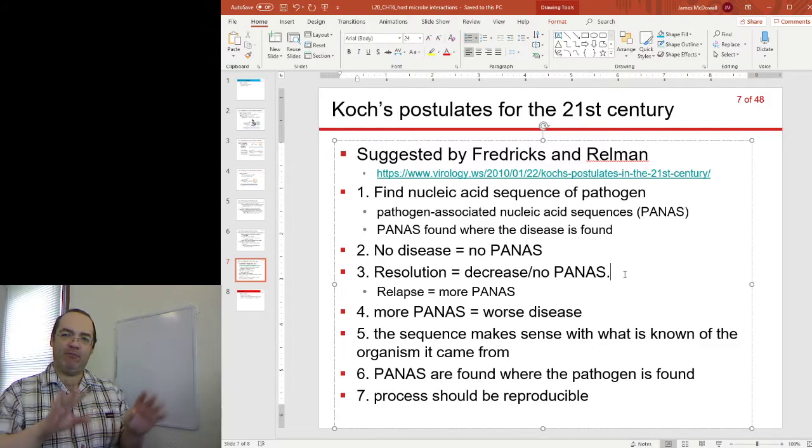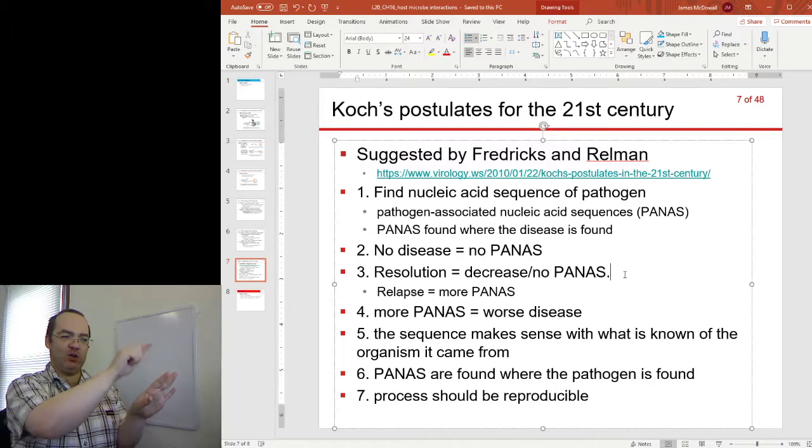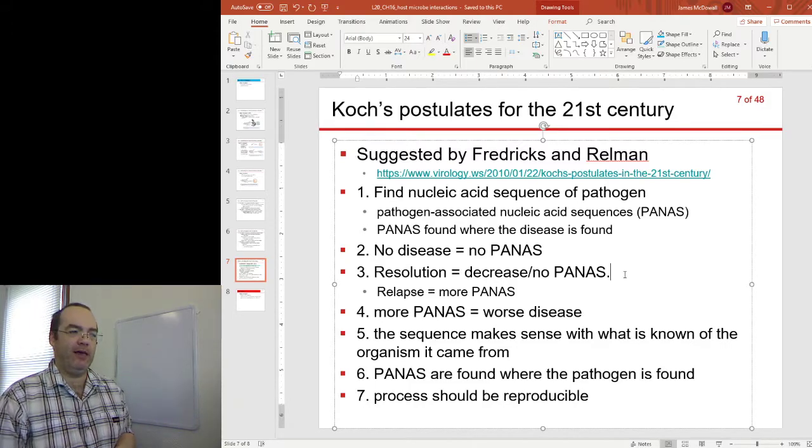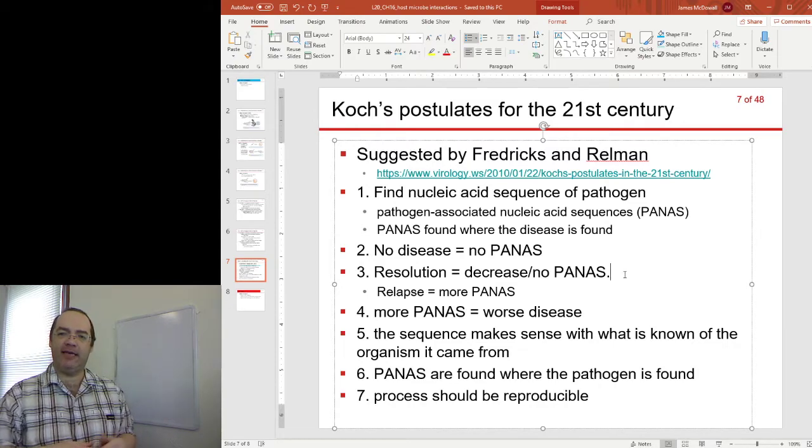Also the idea that multiple diseases can be caused by the same organism. You'll detect that because you'll swab 10 different people with 10 different diseases, and they all come back as the same sequence, therefore it's the same organism. That also puts paid to the problem of there being multiple diseases caused by a single pathogen.